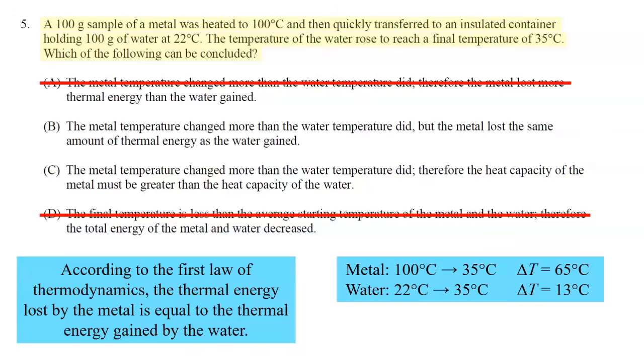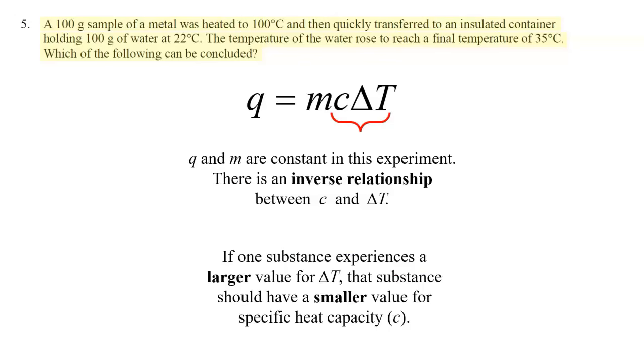Now let's focus on this idea of delta T and see how that relates to the specific heat capacity of these two substances. So what we have is 100 grams of metal. We have 100 grams of water. We have the same amount of heat that was lost by the metal and gained by the water. And that means that both Q, the heat, and M, the mass, are constant in this experiment. So what about the relationship between the other two variables, which are C, the specific heat capacity, and the delta T, the change in temperature?